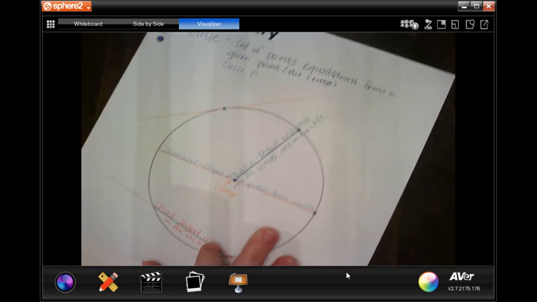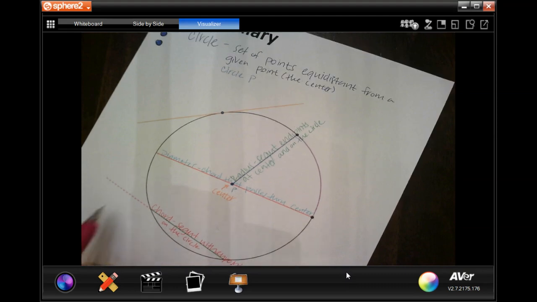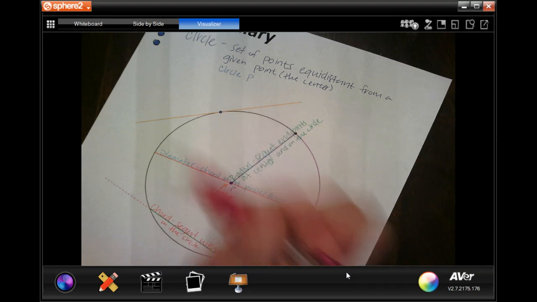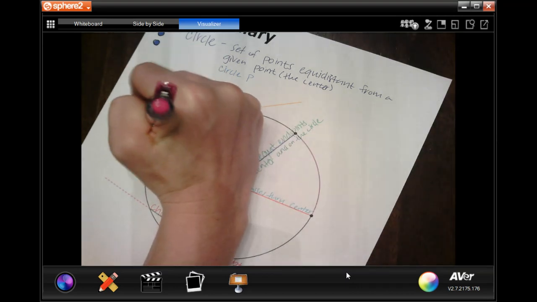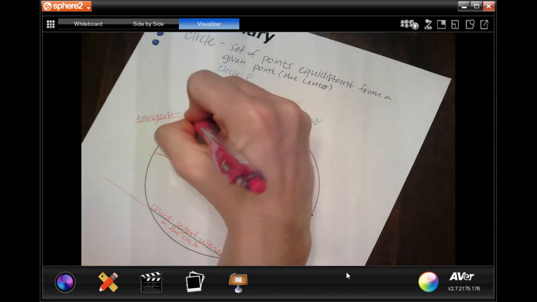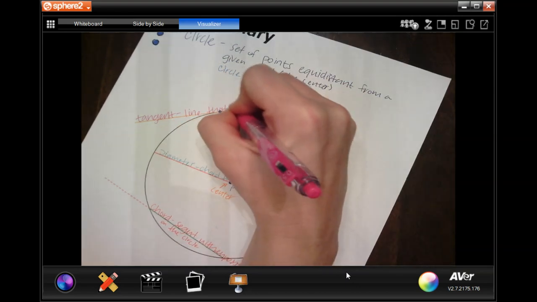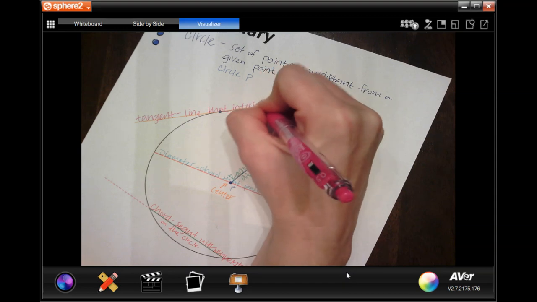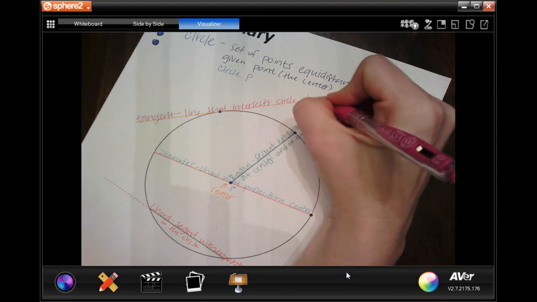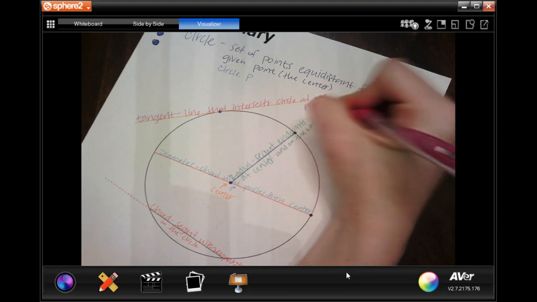This line right here that is outside the circle, but you see it touches the circle, is called a tangent. And this is a line that intersects the circle at one place or point.